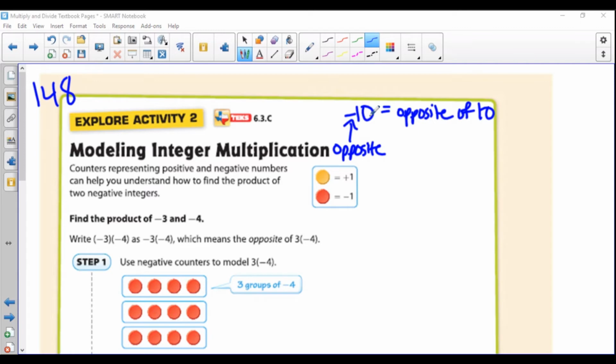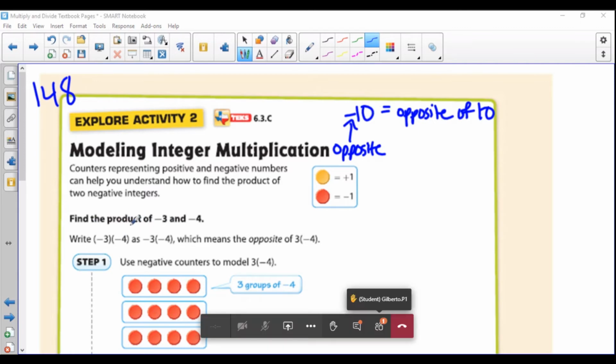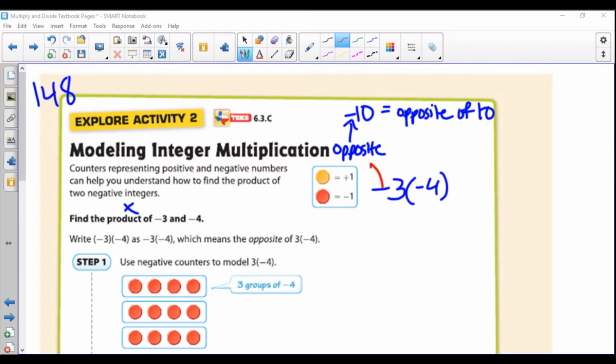For example, they're asking me for the first one to do the product of negative 3 and negative 4. So it's multiplication: negative 3 times negative 4. Now again, I want you to put your mind in a world where that negative symbol means opposite.